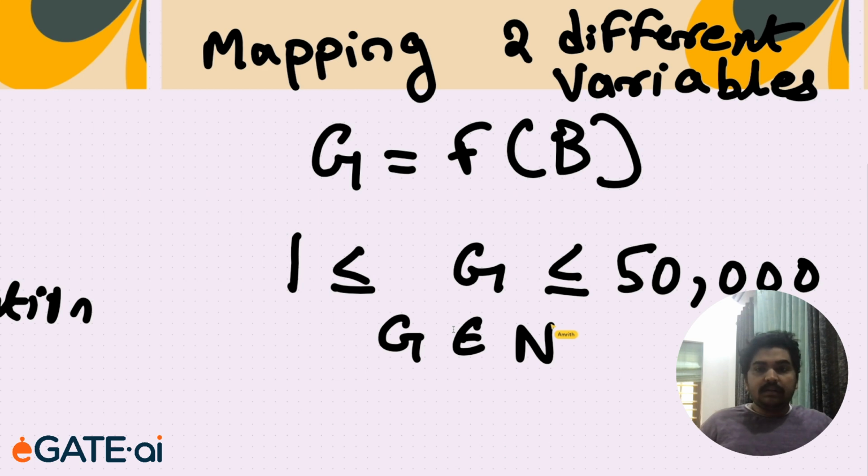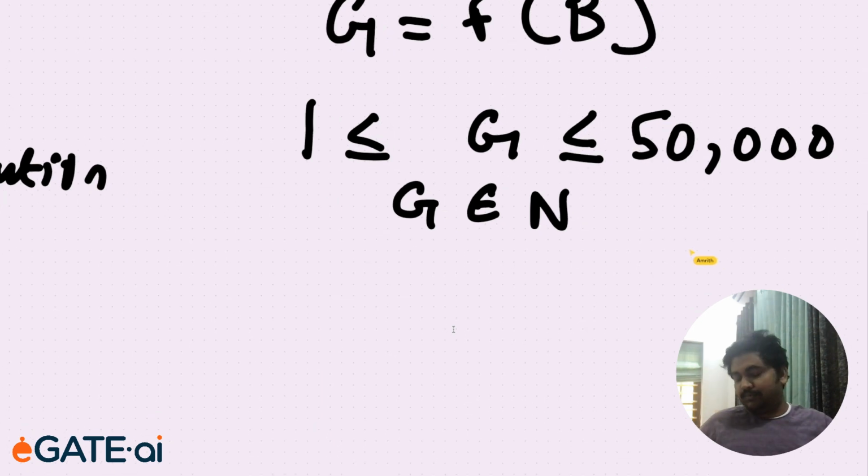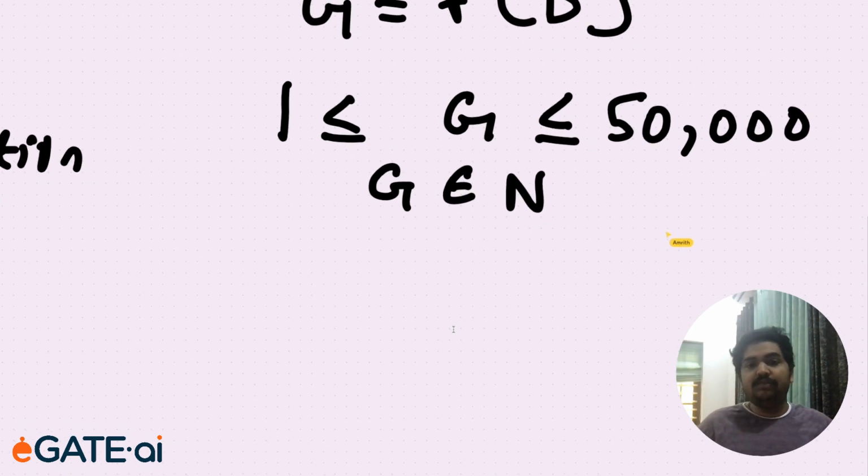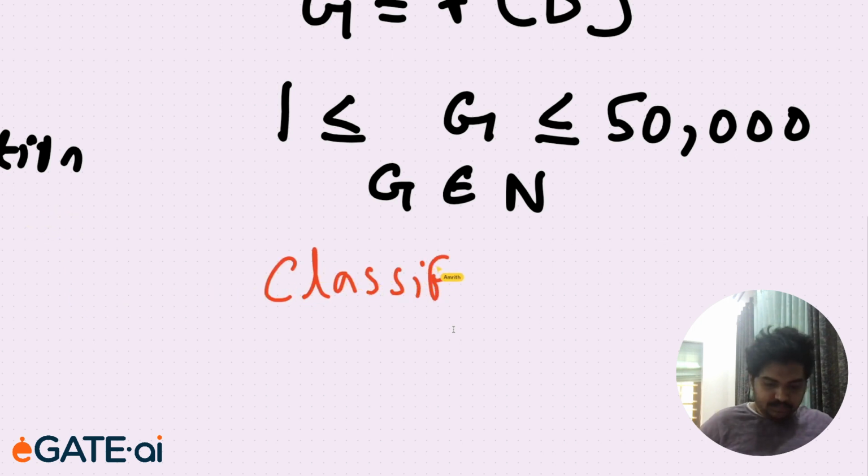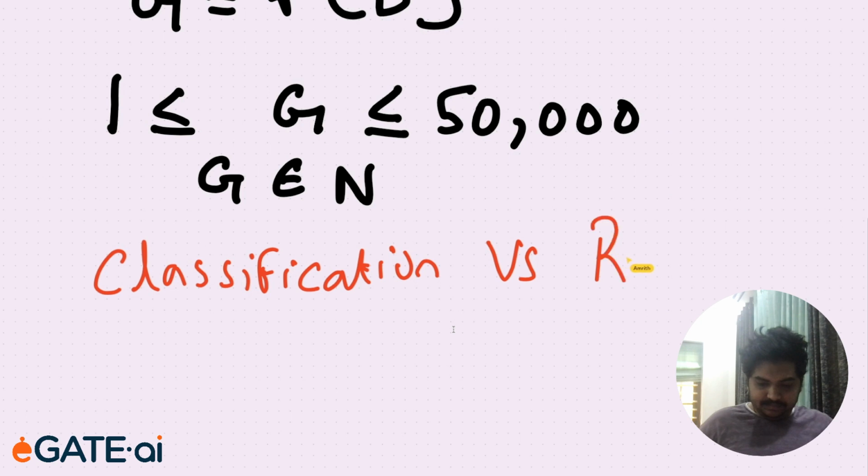But the number of values to predict is not small. We have 50,000 different values to predict. So what should we do? Should it be classification, or should it be regression?